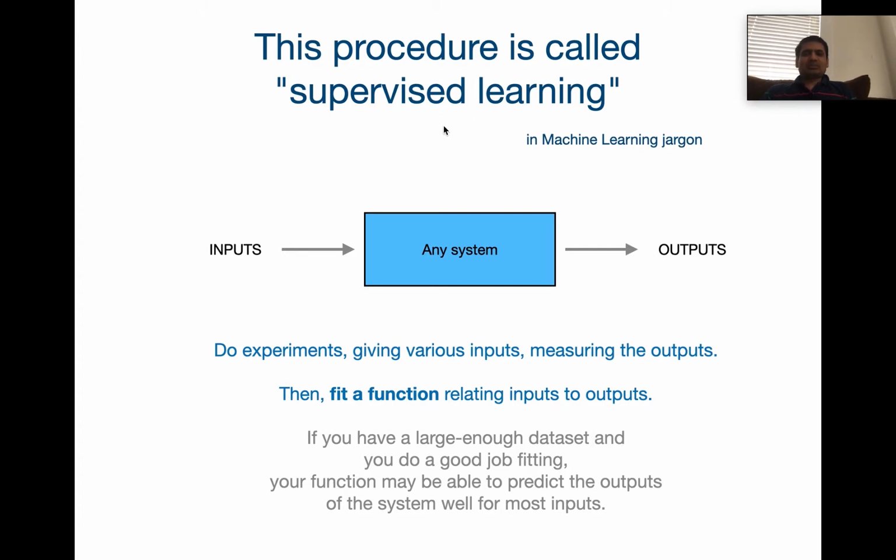It's called supervised learning because we already know what the output is for a set of inputs. It's as if the inputs are the questions you ask a system, and the outputs are the answers that that system provides, and that sort of input-output relationship contained in the data is considered to be like supervision. In any case, it's called supervised learning.